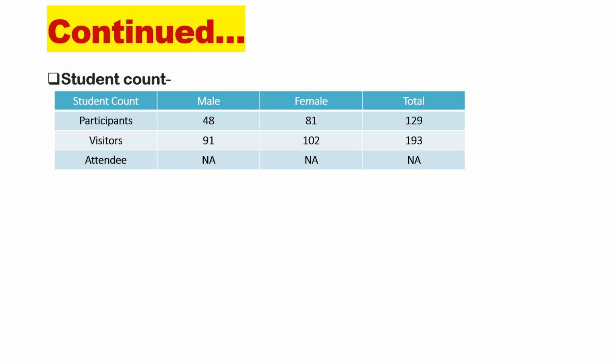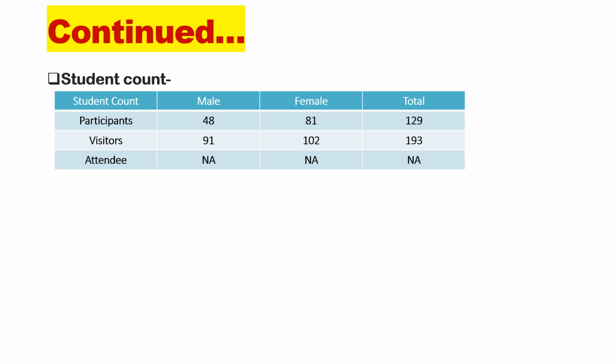Suppose 48 male students and 81 female students have participated, then the total participants become 129. Suppose 91 male students and 102 female students have visited this competition, then the total count becomes 193.